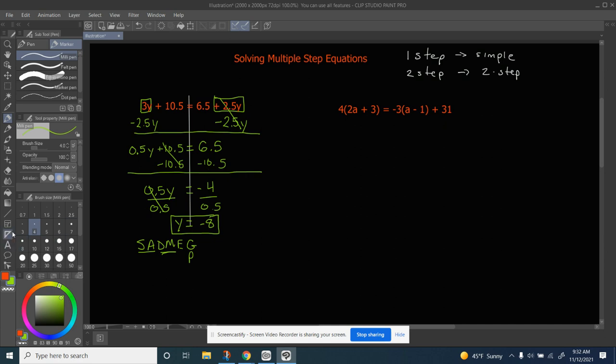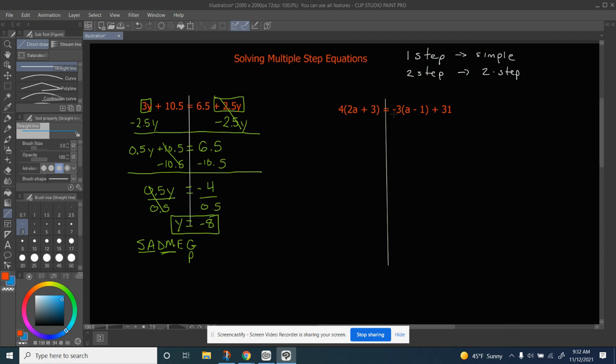Now our second equation is a little bit more difficult. So the first step is to build our wall. We want to separate this left and right side. And from there, we want to begin to solve. So our process here is, again, we want to combine like terms on the same side.